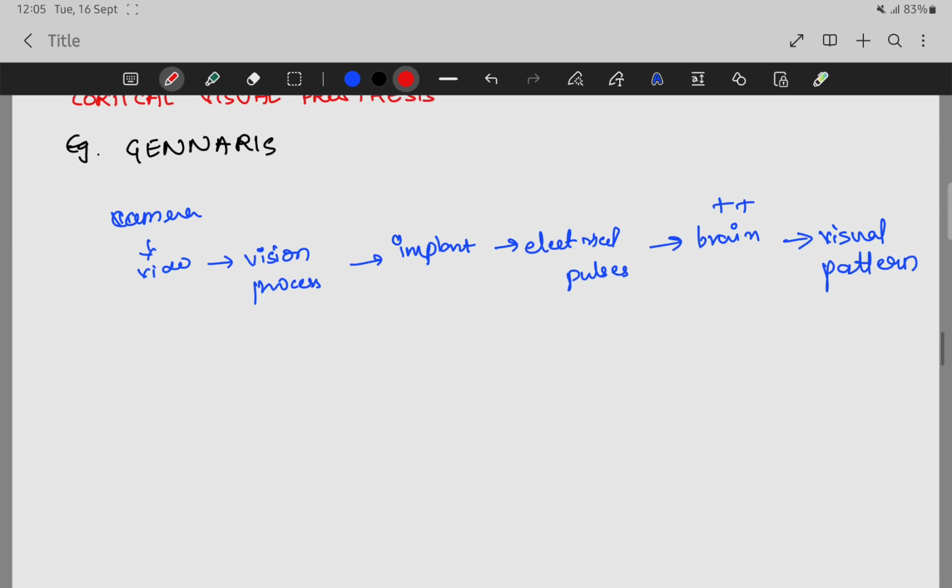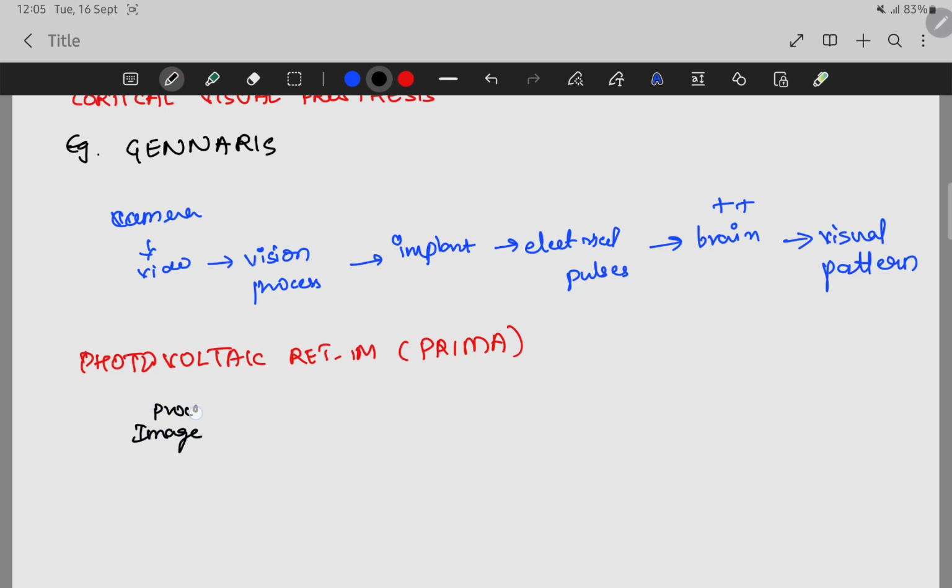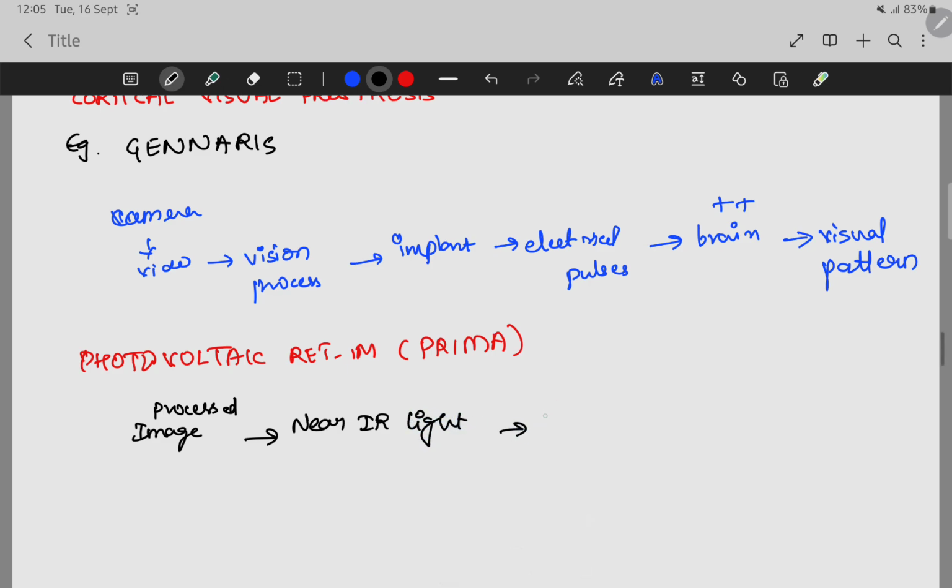The only difference is that in the photovoltaic retinal implant, its name is PRIMA, the processed image is projected onto the retina using near infrared light. Okay.